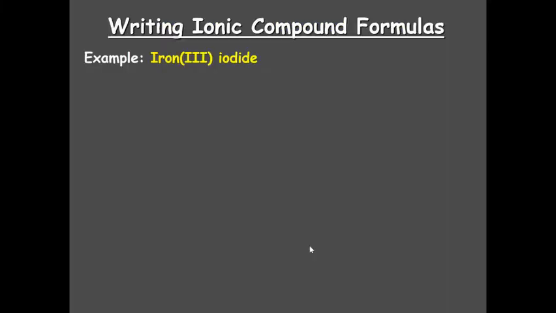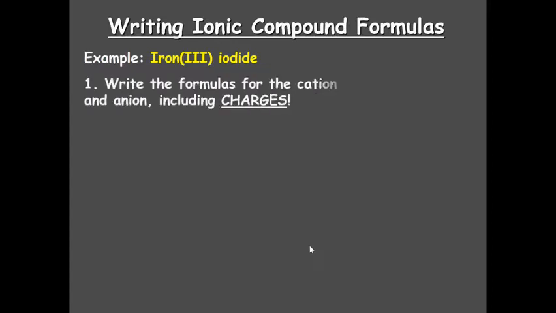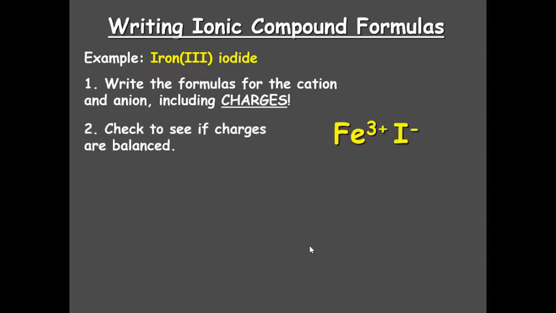We can also go the opposite direction here. If you're given the name iron-3 iodide, you will follow the same steps as before, writing out both chemical symbols with the charges of both. The I is -1 from VIP10, and even though the Fe is in the transition metal zone, we know what the charge is this time because it tells us in the name, iron-3.